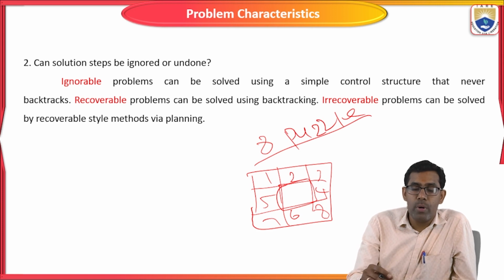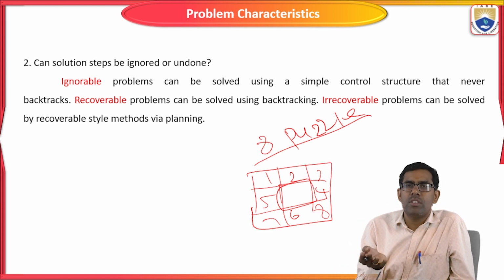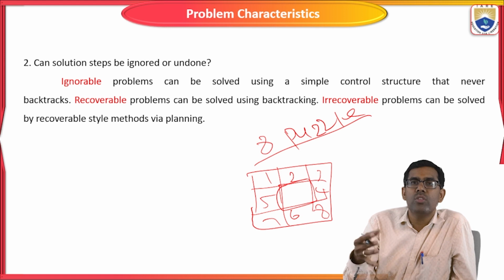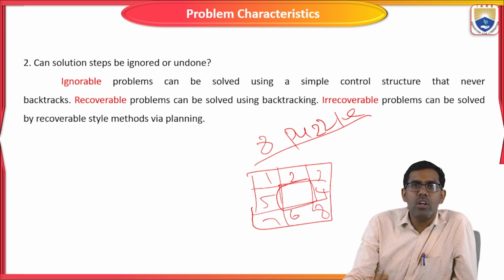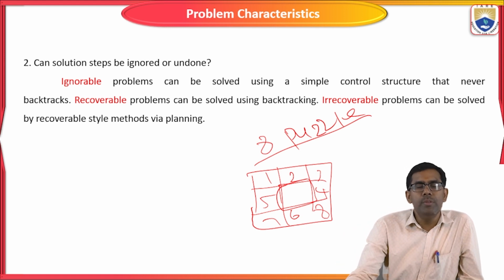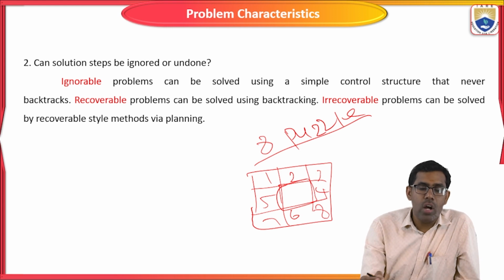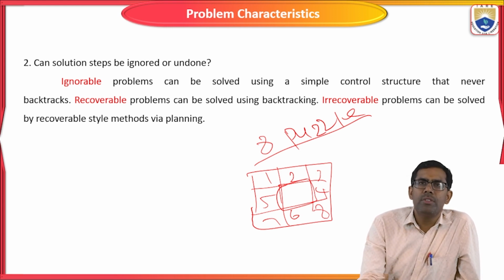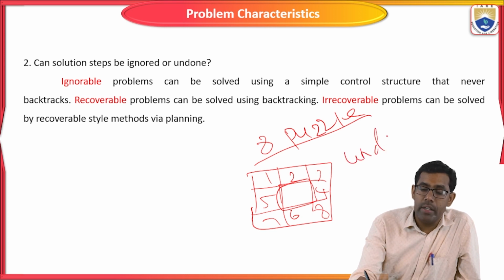In certain problems, we are going to ignore some steps to solve a particular problem. If so, will it provide a solution or not? We are going to see. Undone means if you are ignoring that particular step, the problem is undone.